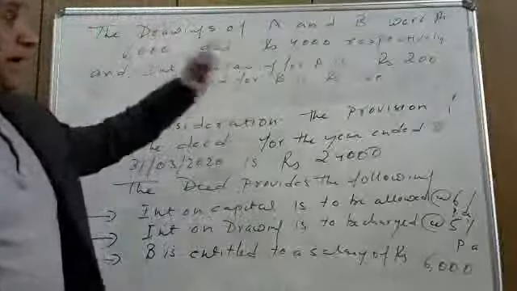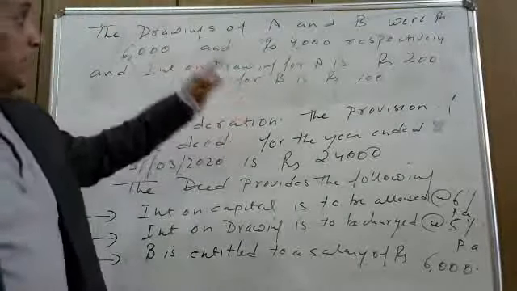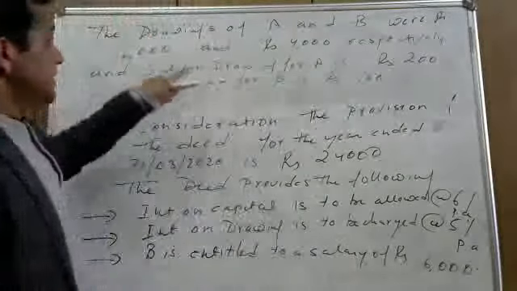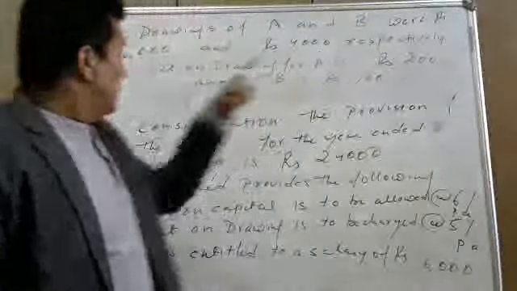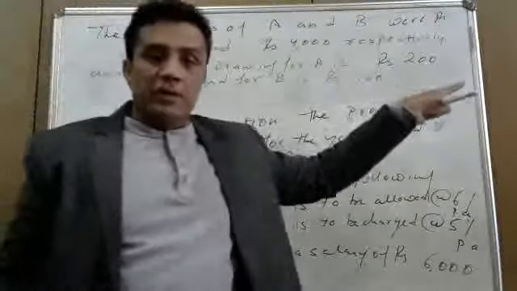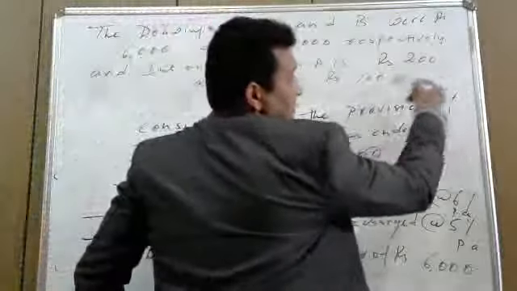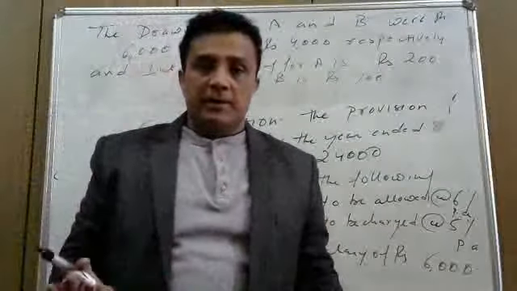Now listen carefully. The rate of interest on drawings is given in the question, but the amount is also given. Interest on drawings for A is rupees 200 and for B is rupees 100. So we have to take interest on drawings of this amount. We cannot calculate it again.